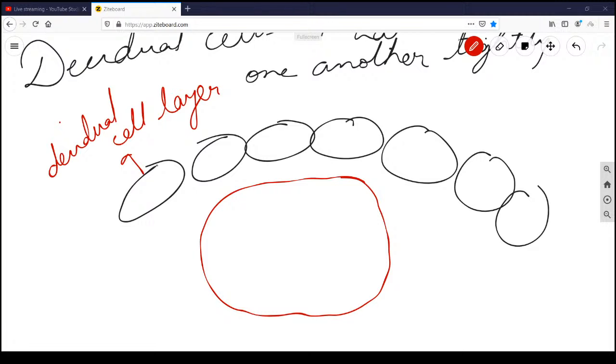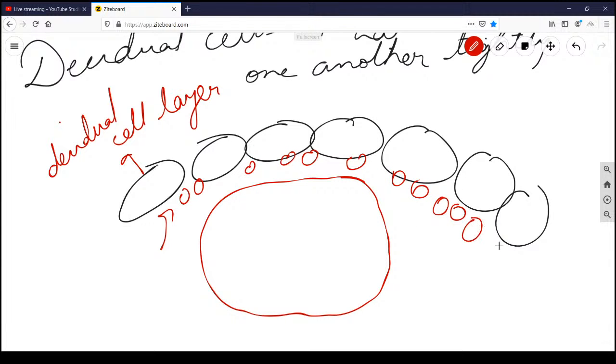They secrete interleukin 2, which prevents maternal recognition of the embryo as a foreign body during early stages of implantation. So those leukocytes help the decidual cells to prevent maternal recognition of the embryo as a foreign body.